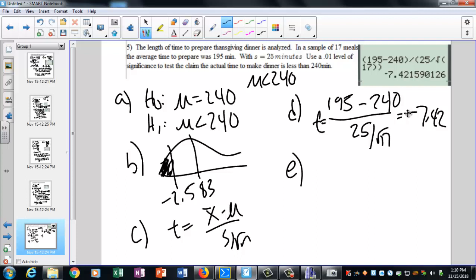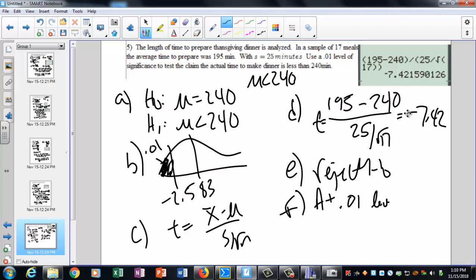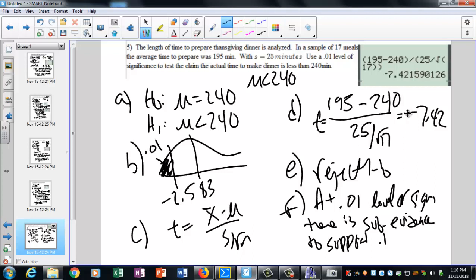Reject H0. Part F, at a 0.01 level of significance, there is sufficient evidence to support the claim that mu is less than 240.